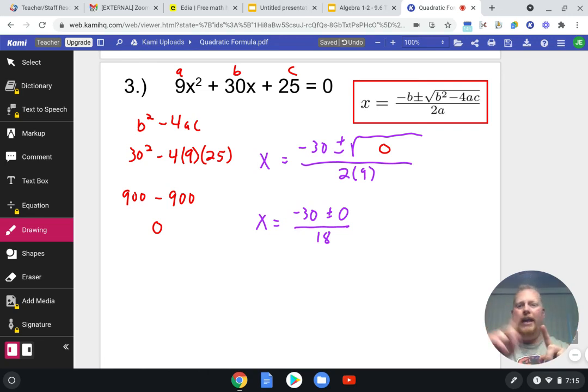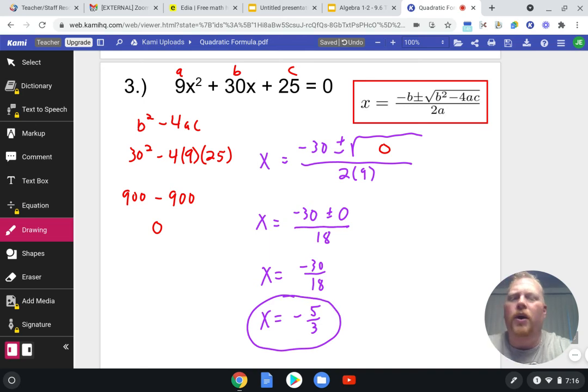We do the plus and the minus. However, since it's plus or minus 0, negative 30 plus 0 is the same thing as negative 30 minus 0. It's just going to be negative 30 over 18, which each of those can reduce by 6. So I get negative 5/3. And that's my one single answer.